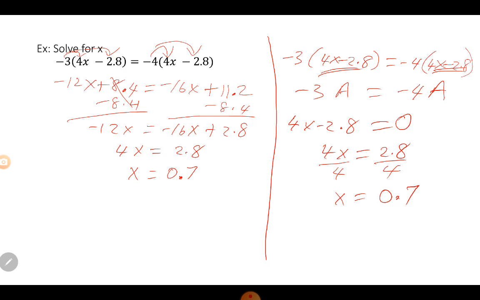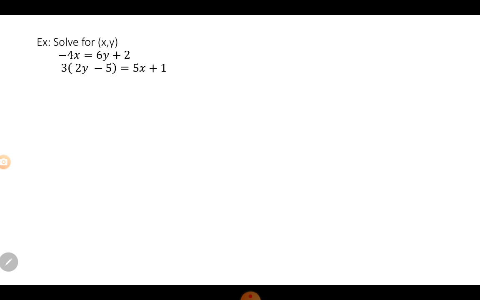Okay, let's look at our next example. So here we have two unknowns and we have two equations. I wish to solve this by using the addition method. In the addition method, I want it in this form: ax plus by equal to c, where a, b, and c are constants.